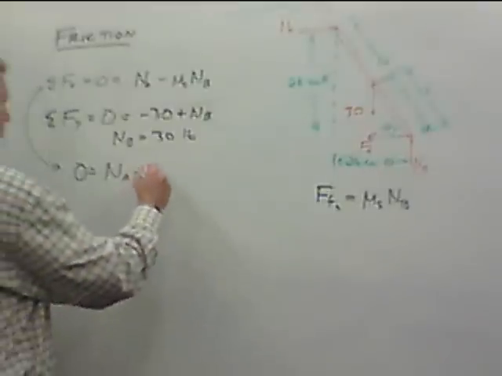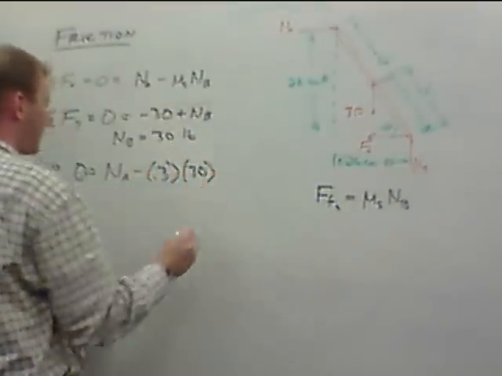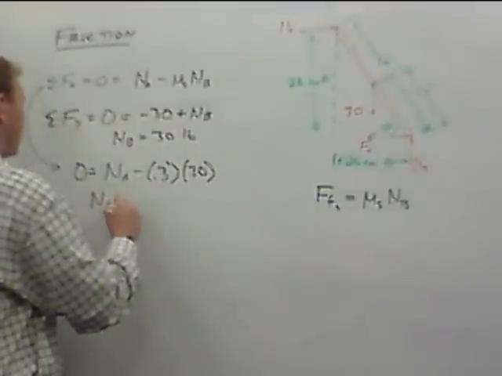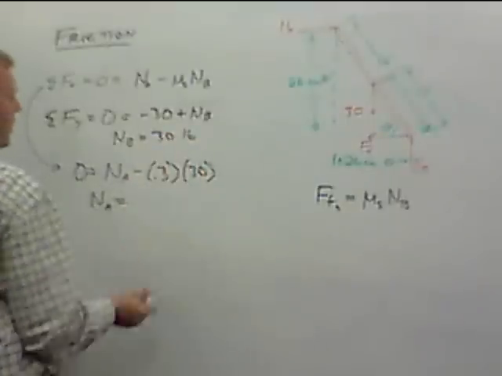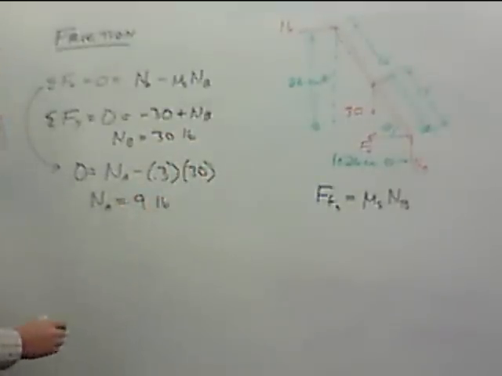Yep, 0.3 times N B, which is 30. So N A, the normal force at A, is going to be equal to 0.3 times 30, which is 9 pounds.